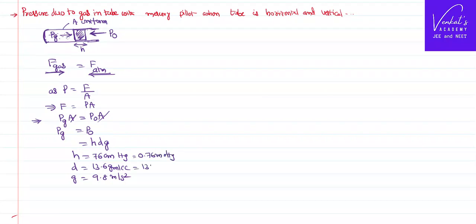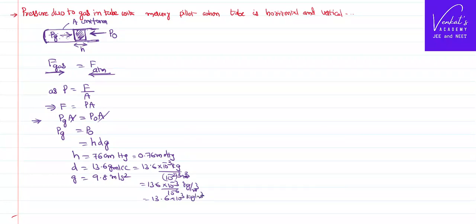This becomes 13.6 gram, that is 10 power minus 3 kilogram, by centimeter, that is 10 power minus 2 whole cube meter cube. So that value becomes 13.6 into 10 power minus 3 by 10 power minus 6 kilogram per meter cube, that is 13.6 into 10 power plus 3 kilogram per meter cube.